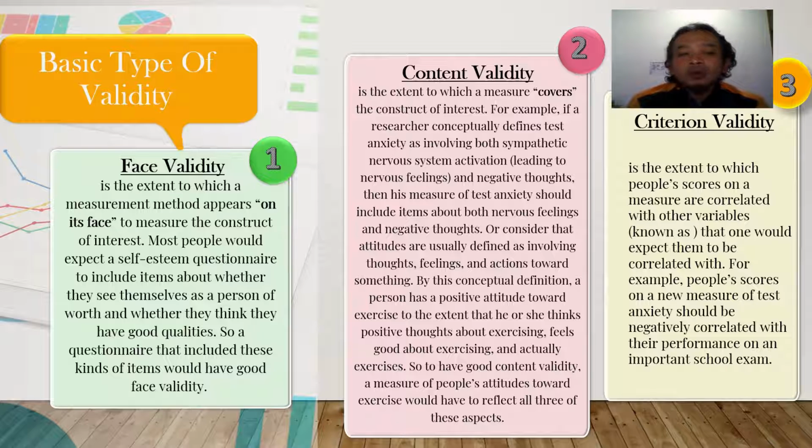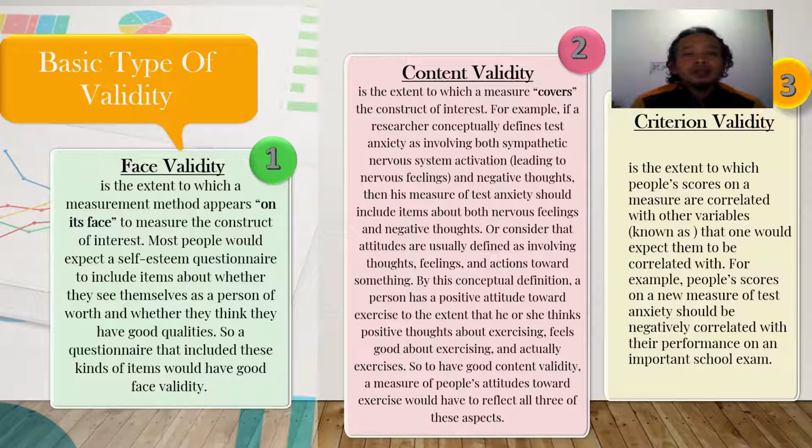Most people will expect a self-esteem questionnaire to include items about whether they see themselves as a person of worth and whether they think they have good qualities. So, a questionnaire that includes this kind of item will have good face validity.